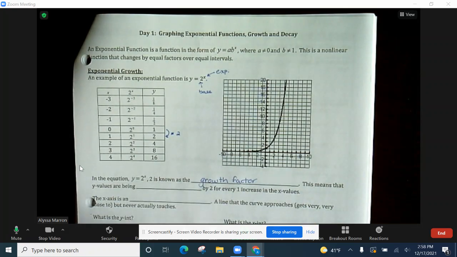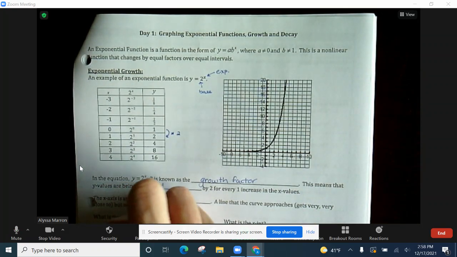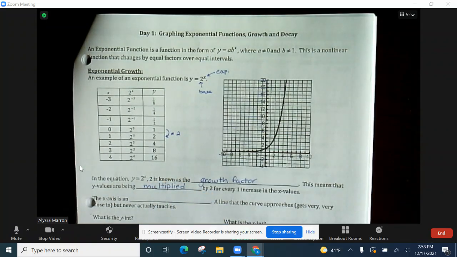And this just means that the y values are being multiplied by 2 for every 1 increase in the x value.